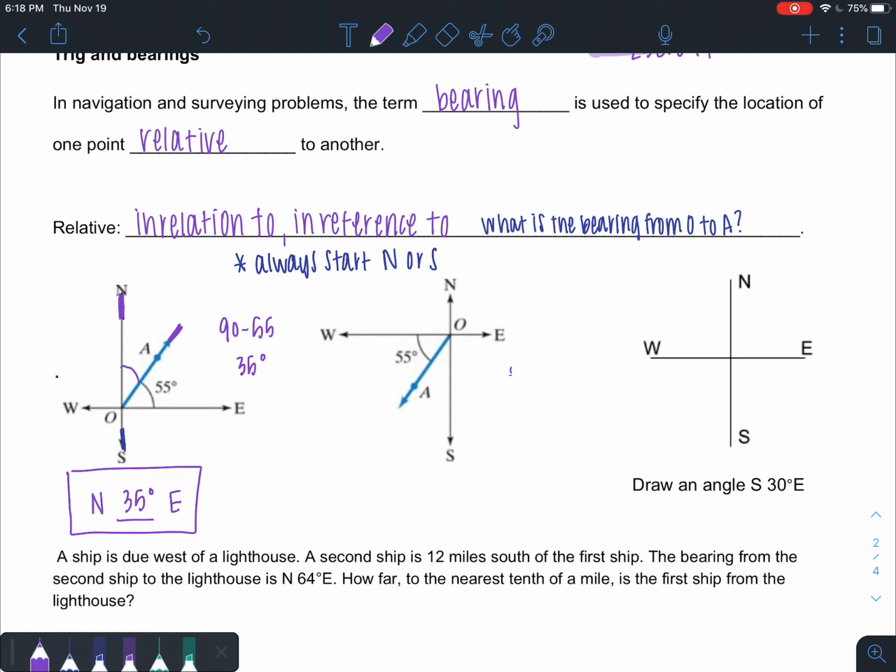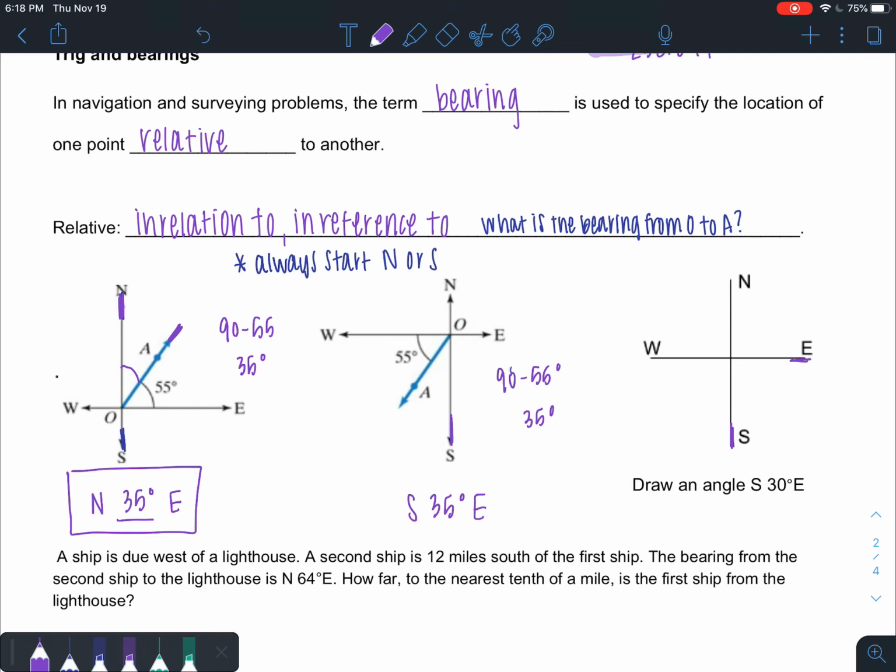Okay, now from O to A on this one, I can start south. So south, and then 90 minus 55 again, which we already did, is 35 degrees. It's going to be south 35 degrees east. Okay, so we're always looking for the north and south pole when we're talking about direction and bearings. So I'm going to go ahead and draw an angle south 30 degrees east.